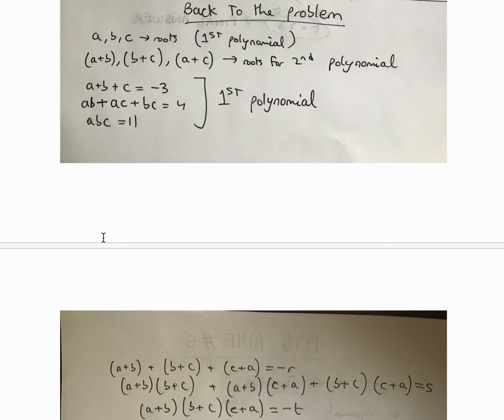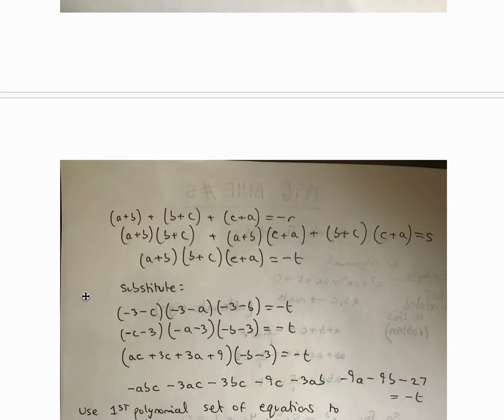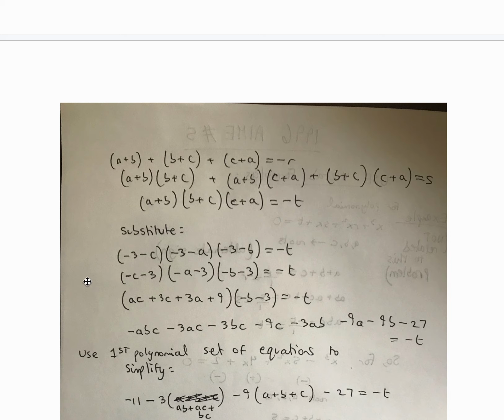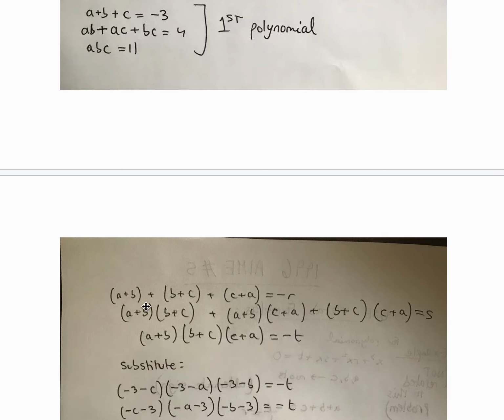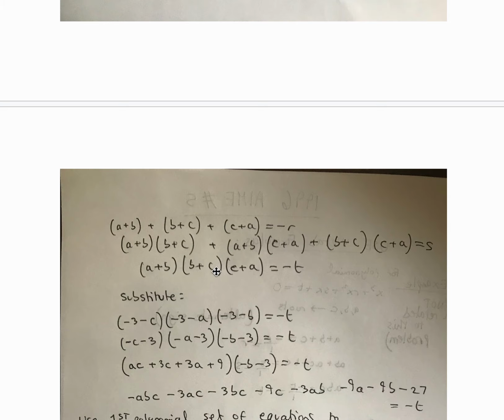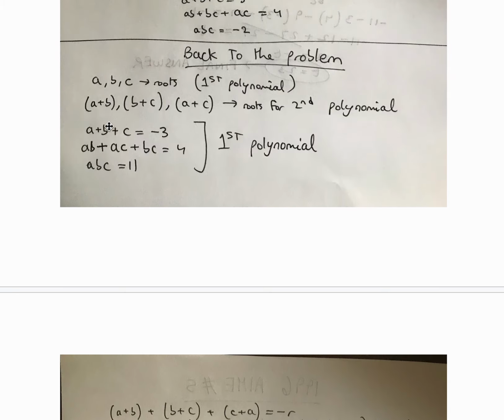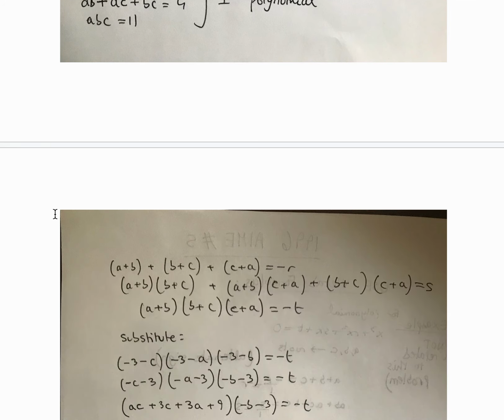For instance, I used the first equation and substituted it into this last equation because this involves t. So I would do negative 3 minus c for a plus b. So a plus b is equal to negative 3 minus c if I bring the c to this side. And I repeat that for b plus c and c plus a using the same first equation for the first polynomial.